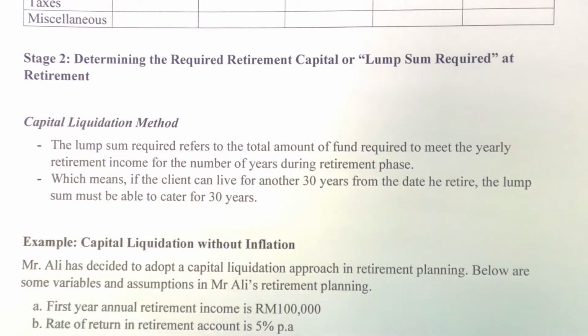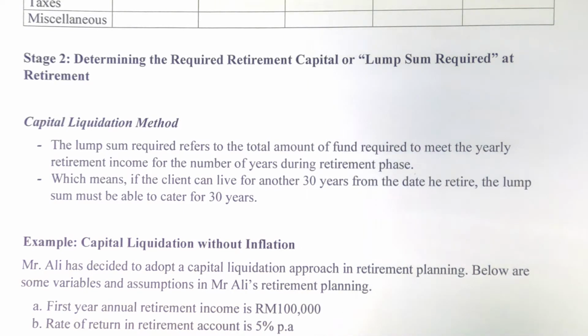Now we are in stage 2, where we are going to determine the required retirement capital or lump sum required, and in this case we can use the capital liquidation method.